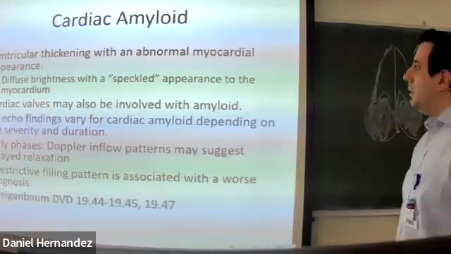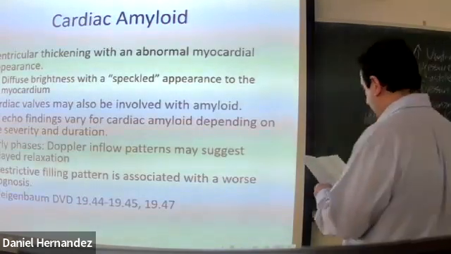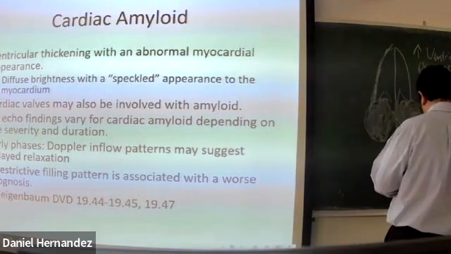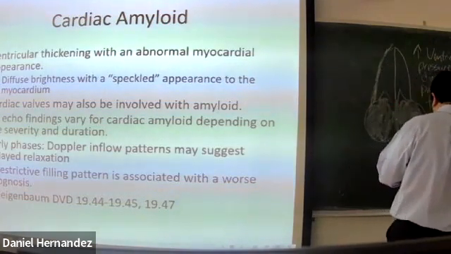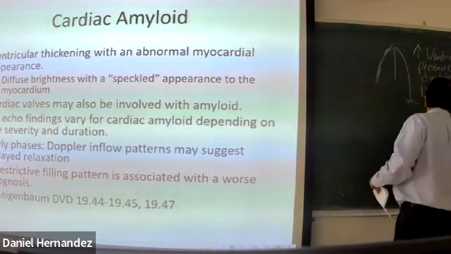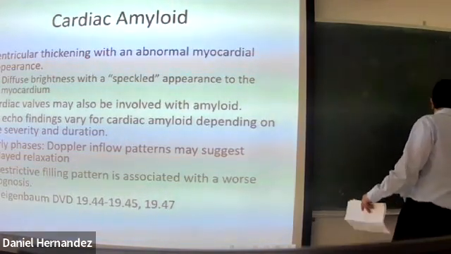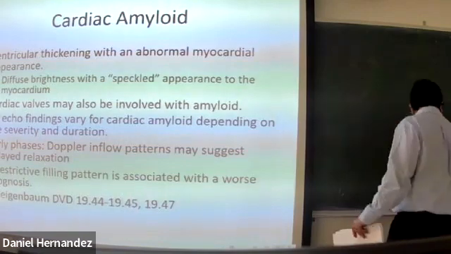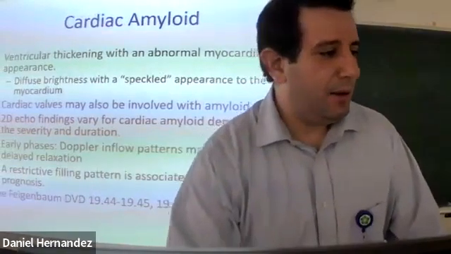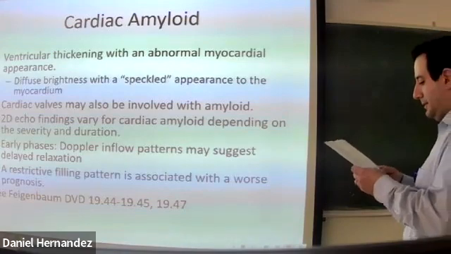So the most common cause of restrictive cardiomyopathy is going to be amyloidosis. This is why they use those terms infiltrative and restrictive kind of simultaneously, because amyloidosis is considered an infiltrative disease.